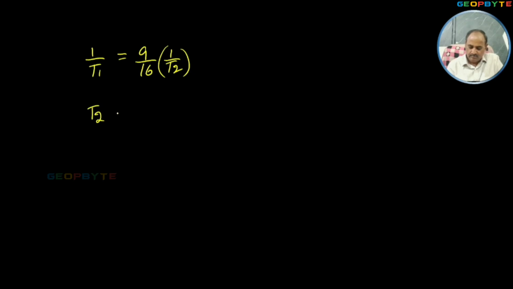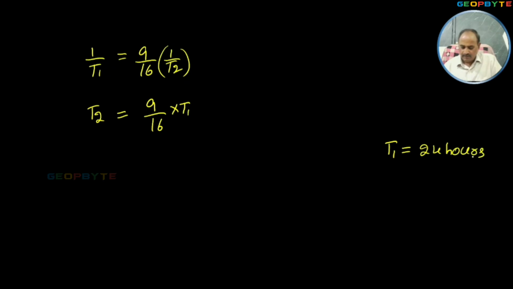Let us take another slide. 1 by T1 equals 9 by 16 into 1 by T2. From this, T2 equals 9 by 16 into T1. You know, the time period per day equals 24 hours.